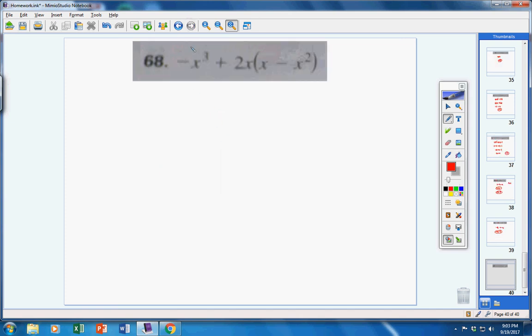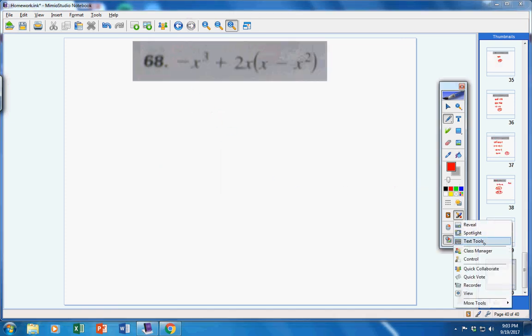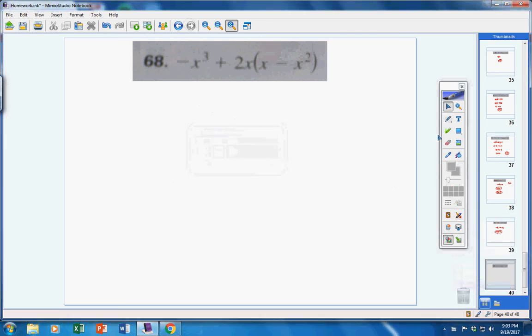One more problem. Number 68. Okay, students, now first of all, bring down your negative x cubed. Take your 2x and multiply it through, okay? Positive times a positive is positive. 2x times x is 2xx, which is 2x squared.